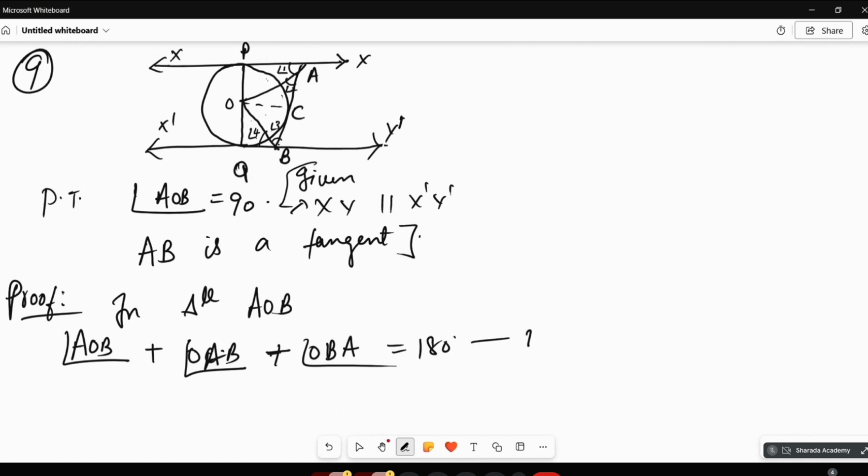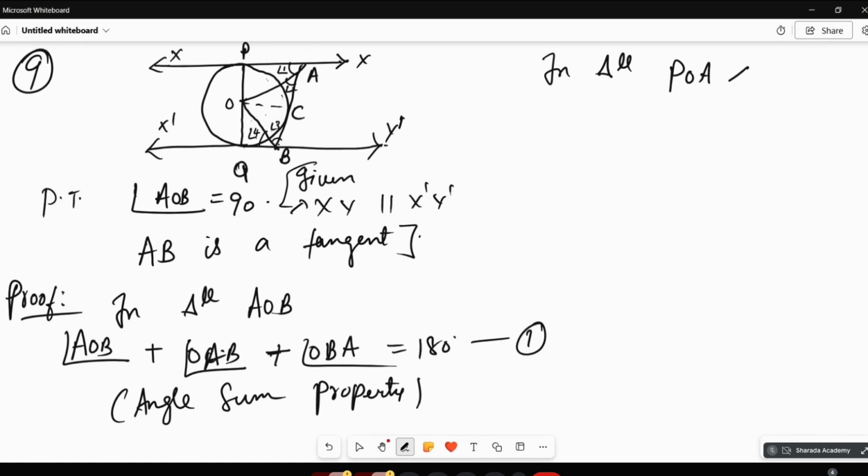First one equation I will write. This angle plus 2 plus 3 all together it should be 180 by angle sum property. That is, sum of all the angles in any triangle is equal to 180 degree. So this is the angle sum property. Angle sum property.